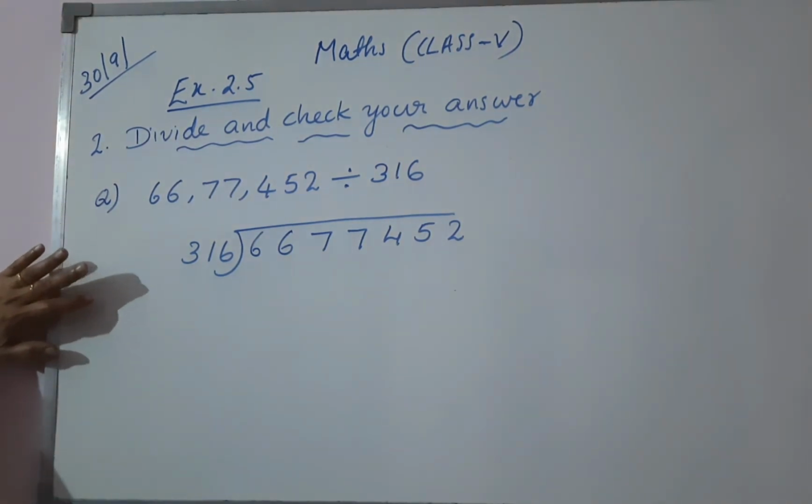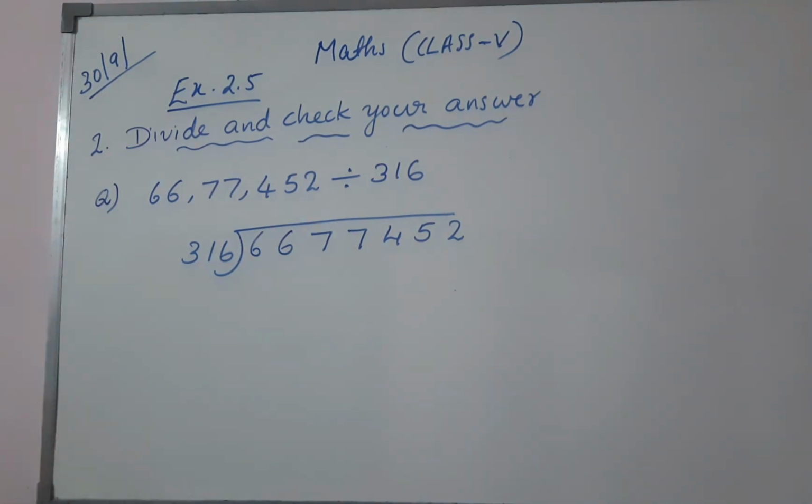66,77,452 divided by 316. So first we have to write the table of 316.